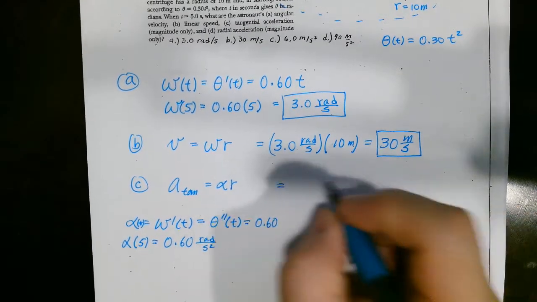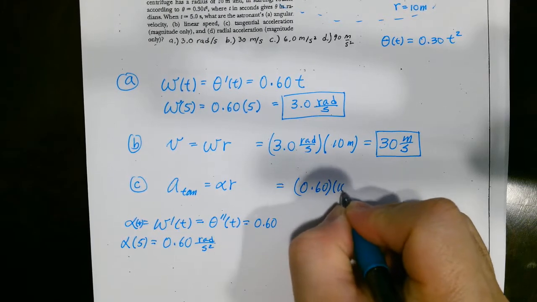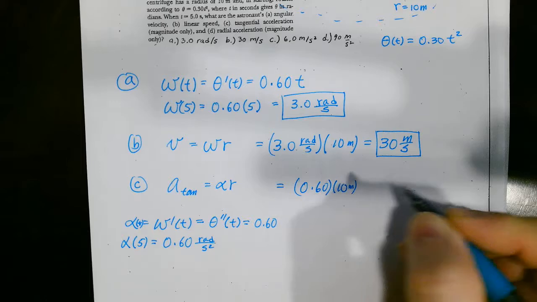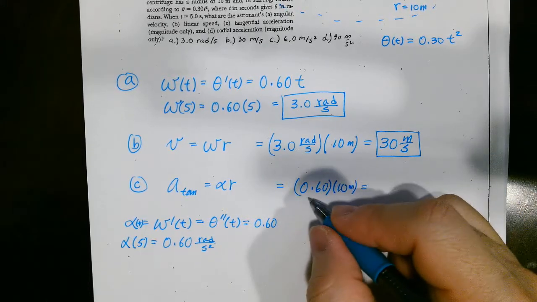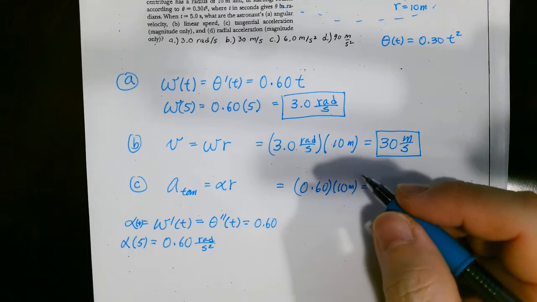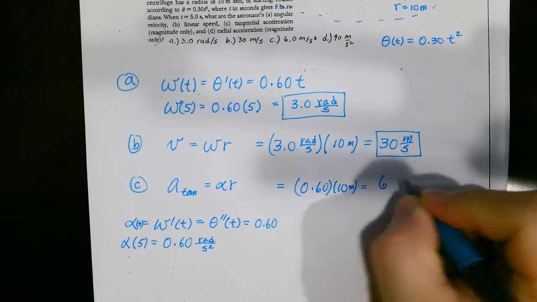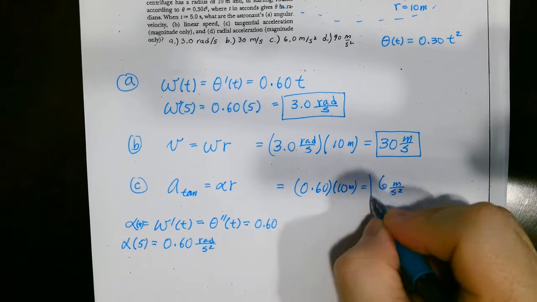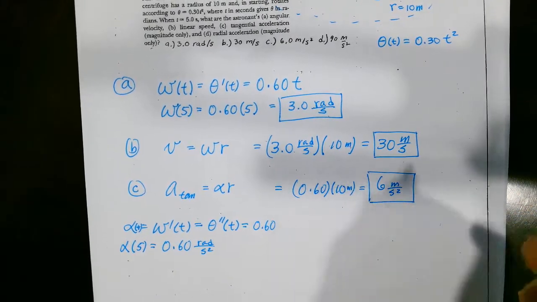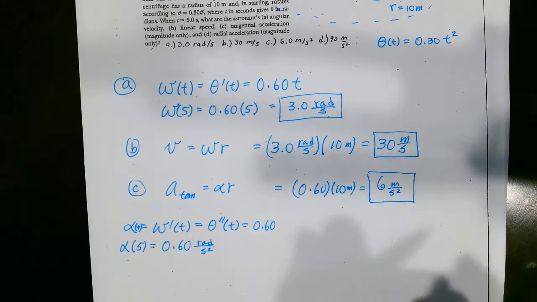My a tangential is equal to 0.60 times 10 meters, which is 6 meters per second squared. Again, the radians just disappears.